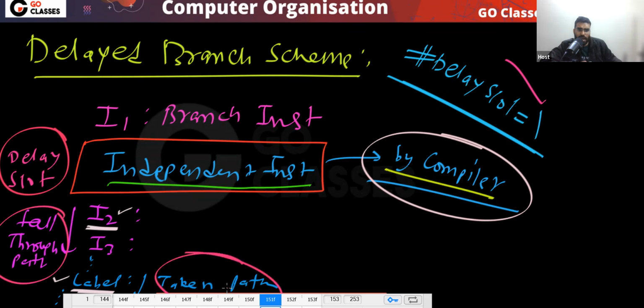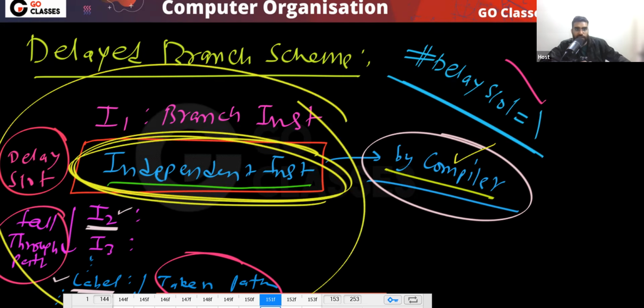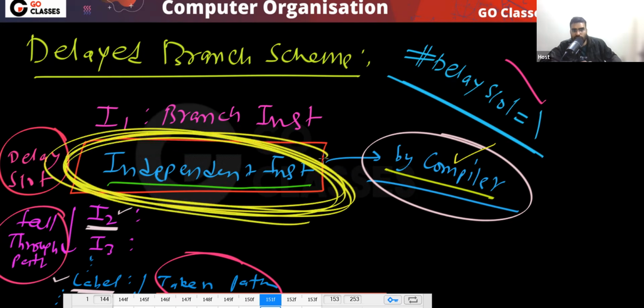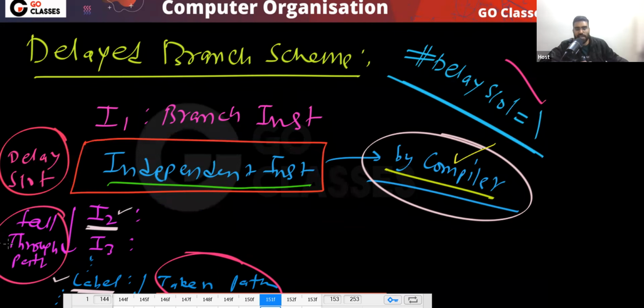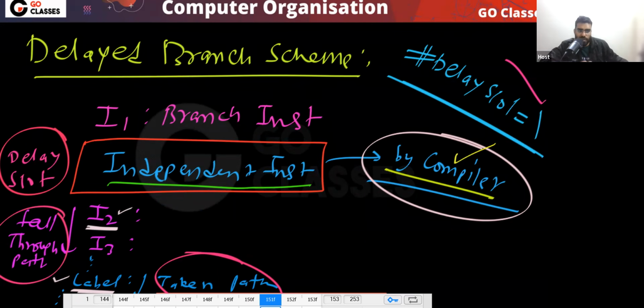But the compiler has put one independent instruction which does not affect anything. Even if you execute it, it does not affect the branch or the correctness of the program. Is this understood, what I mean by independent instruction?